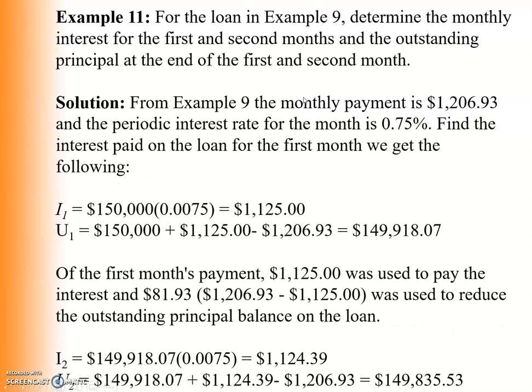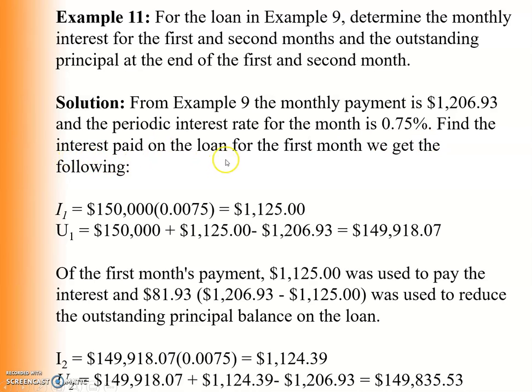If we remember, we calculated in example 5 that we need to pay $1,206.93, and the periodic interest rate was 0.75% per month. Remember that the annual percentage rate was 9% per year, which is equivalent to 0.75% per month.